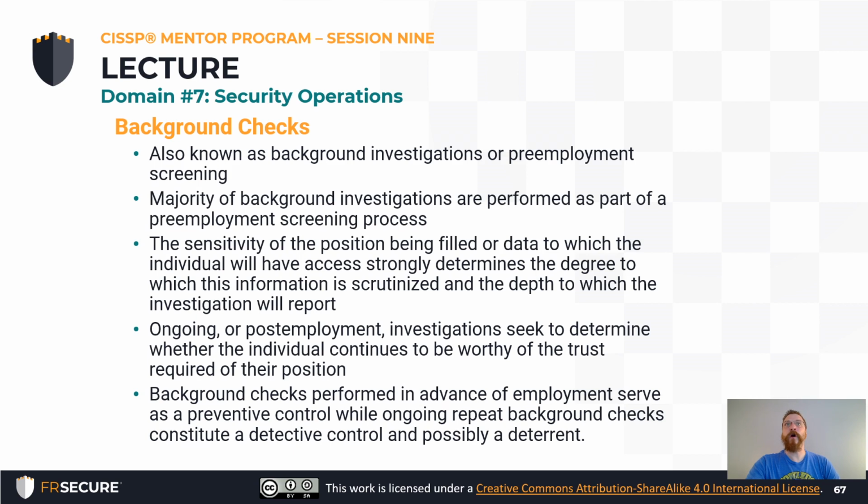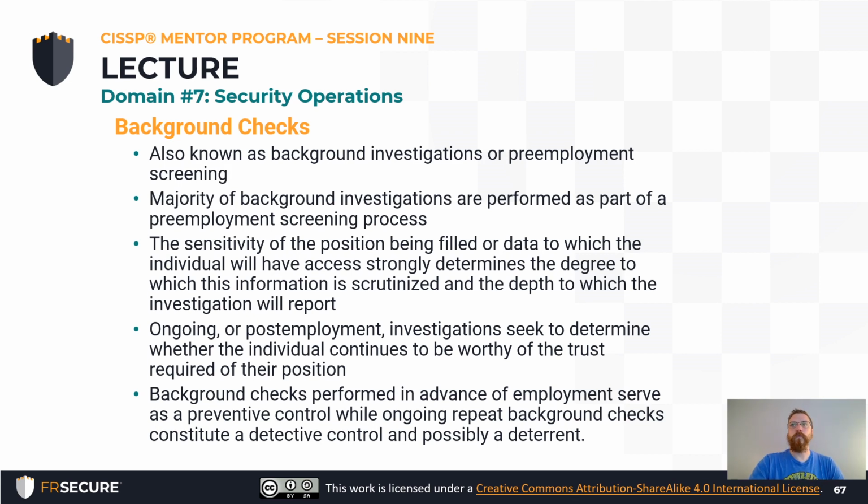You really should be doing ongoing or post-employment checks, whether they continue to have that trust. A lot of times with that ongoing one, it would be more the credit checks for financial people, people in finance. Are they suddenly now in financial trouble where they would be at a greater risk for potentially embezzlement or for blackmail given their position?